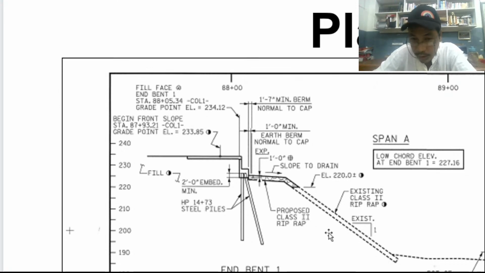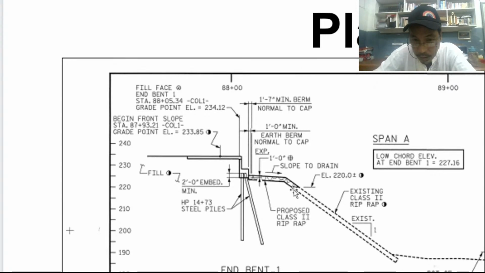Okay, so we can analyze if we take a look at the details. Okay, existing, there's an existing class 2 riprap, but proposed class 2 riprap. So there's no change between existing and proposed. Meaning existing is what?